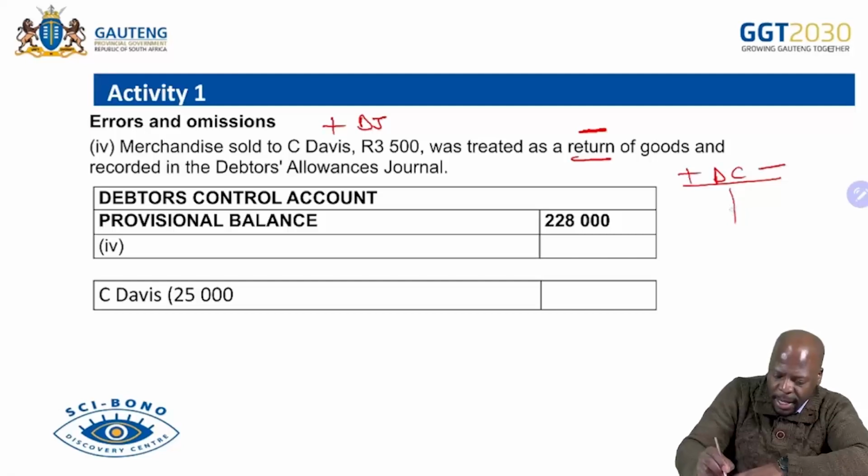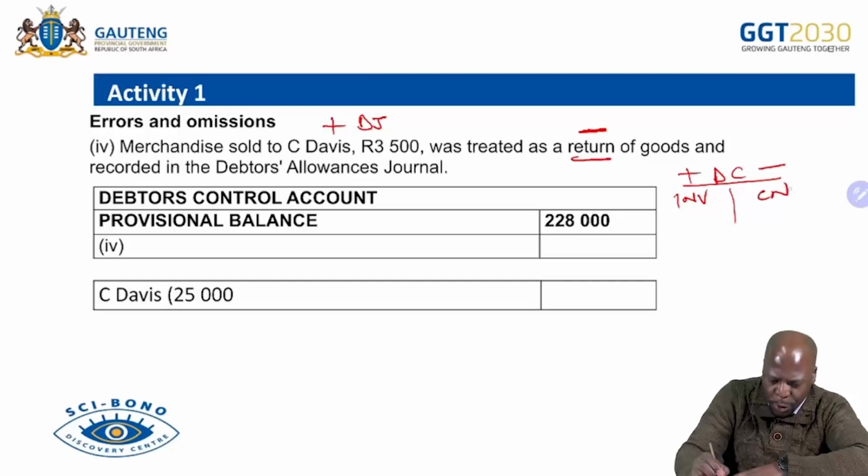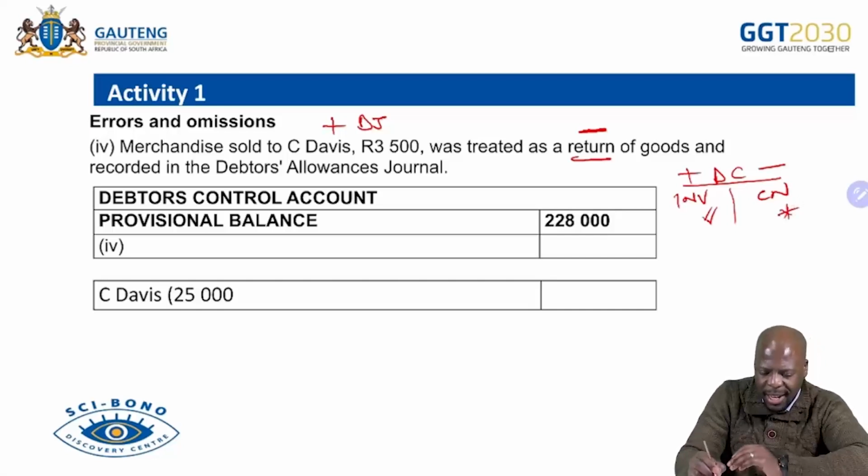All right. And my invoices are here and my credit notes are here. So we sold goods of 3.5, which is supposed to be an invoice. It was supposed to come here. However, we then recorded it on the minus side. We treated it as a credit note. That should not have happened.